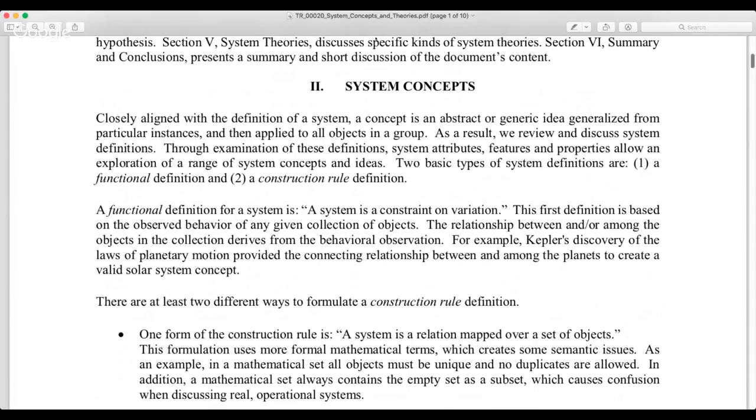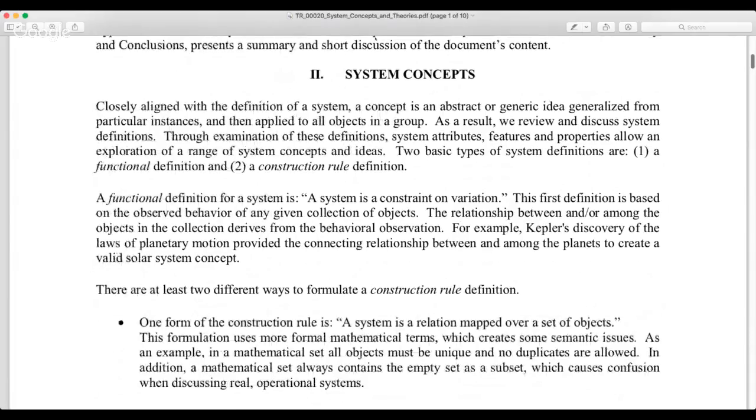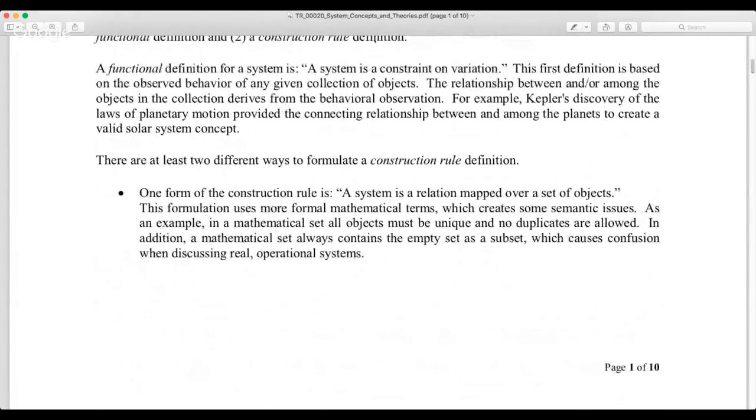And then for the construction rule, there are two different definitions. One form is that the system is a relation mapped over a set of objects. This is a fairly straightforward definition that we've been using for a while, but it has some problems with the more formal mathematical terms in the definition itself. It's a natural language statement, and we've included some mathematical terms like set and relation map.